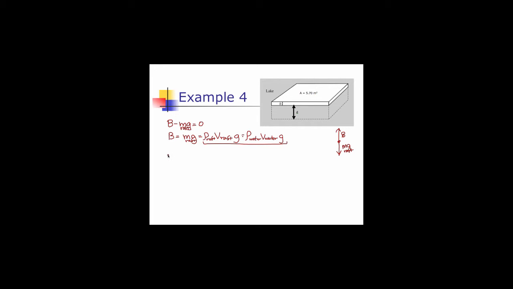So, the density of the raft times the volume of the raft equals the density of the water times the volume of the water displaced. Now I'm factoring out acceleration due to gravity. Those cancel.